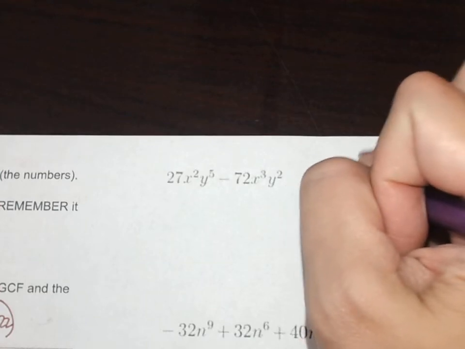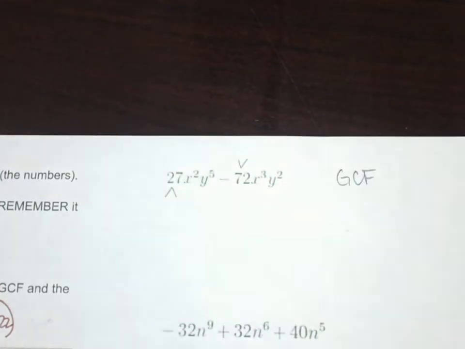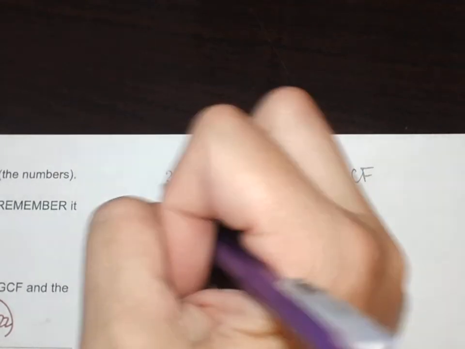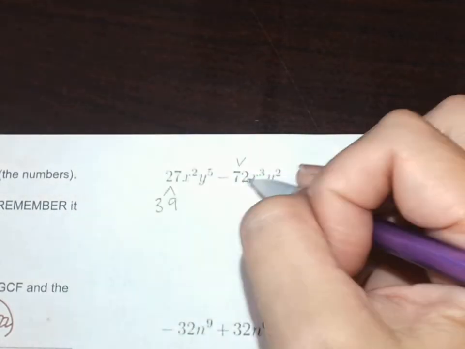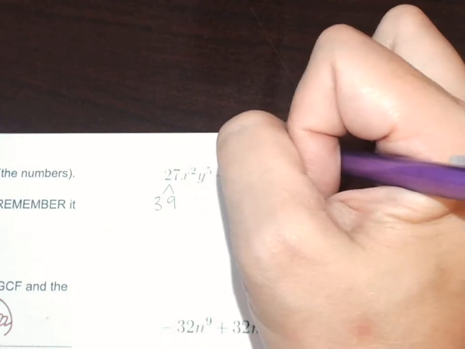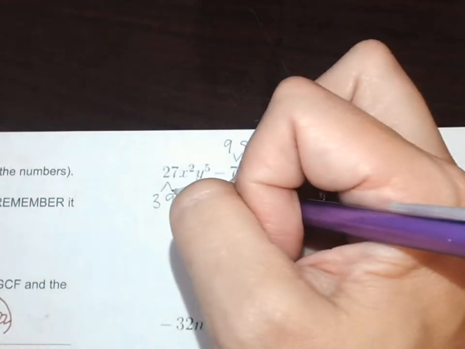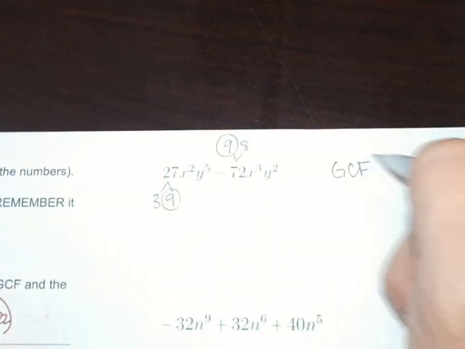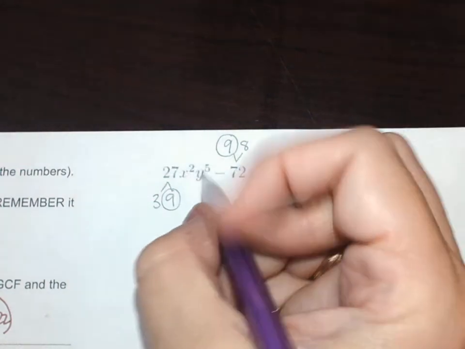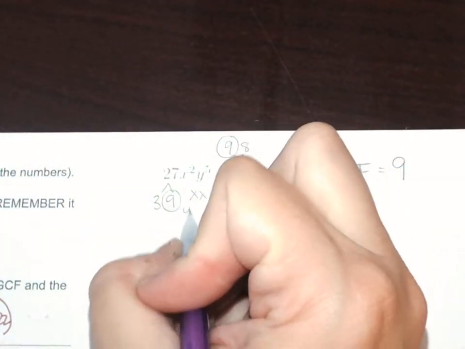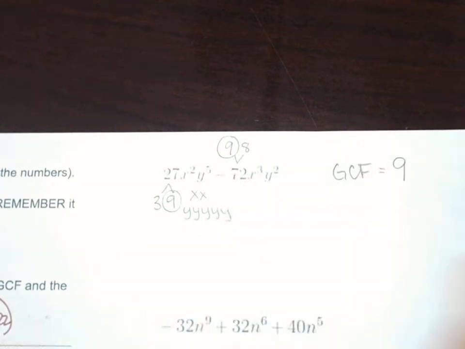See, we need a greatest common factor. 27 and 72. What will factor to give me 27? Well, I know 3 and 9. So let's see if 9 will fit into 72. That would be great. So yeah, it does. And then that is the greatest common factor here. So we have a 9. Now I have 2 x's and 5 y's.